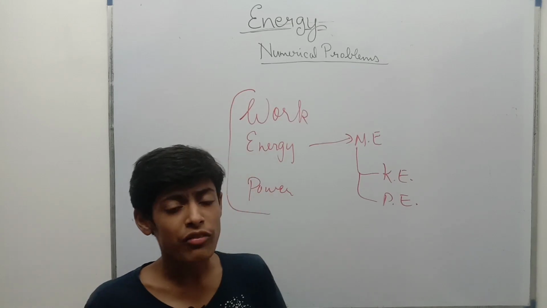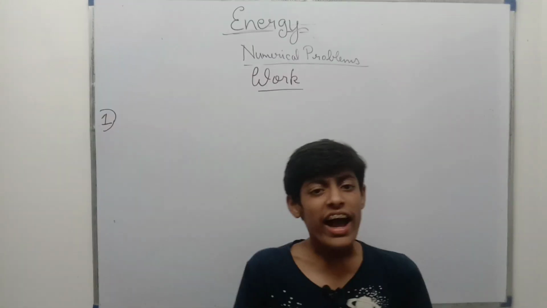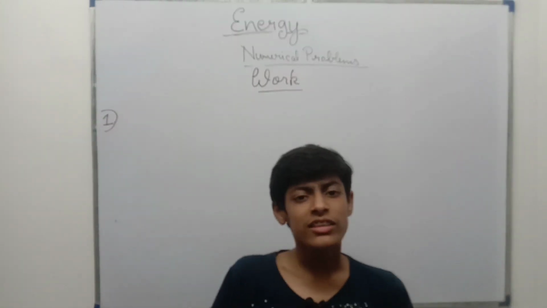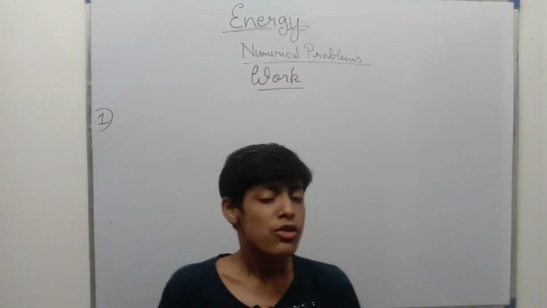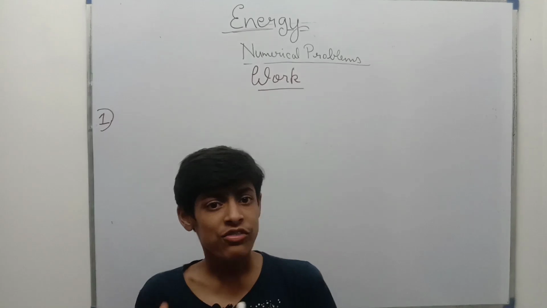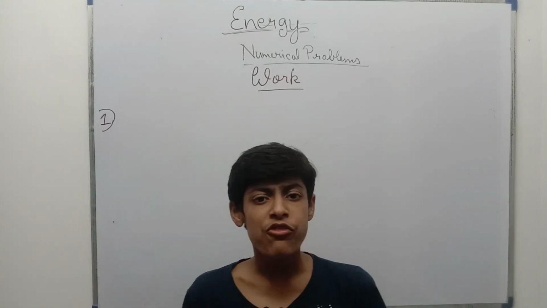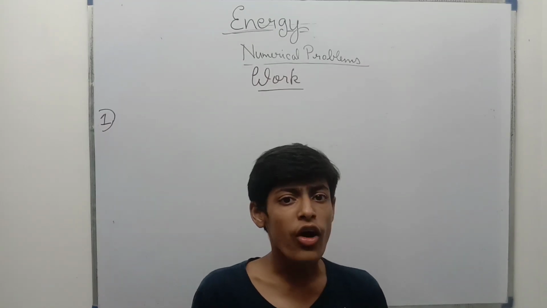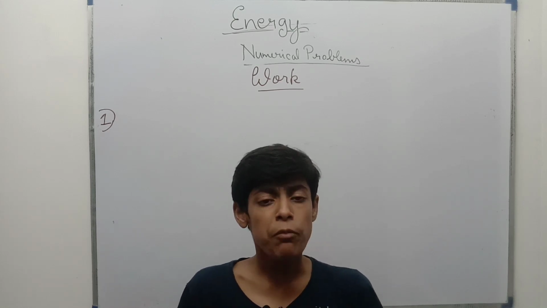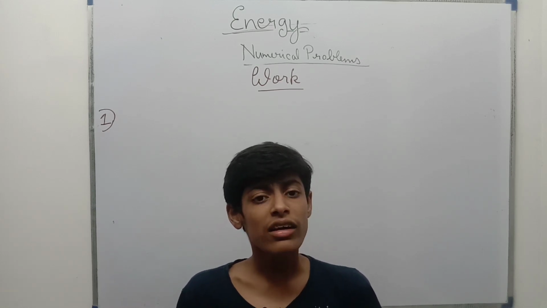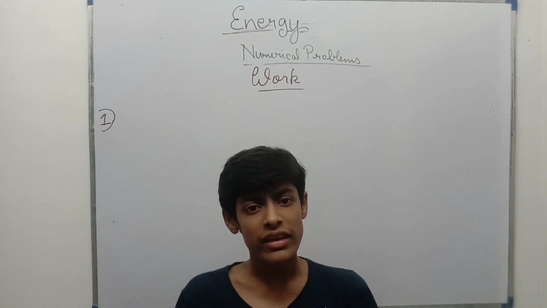And now let's start with questions of work. Guys, now we will discuss some numericals based on work. So the first question is: if a child applies a force of 5 Newton on a toy cart and pushes it through a distance of 3.6 meter, find the work done by the child.